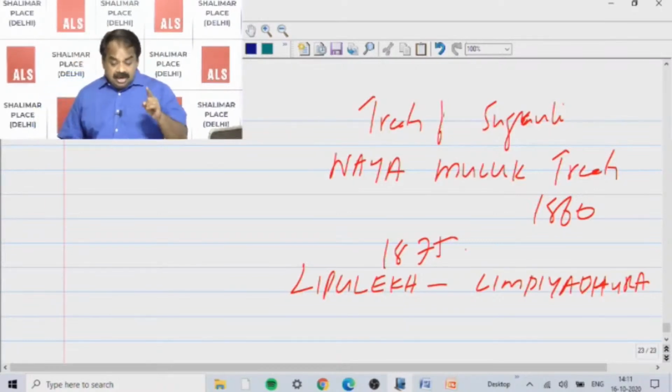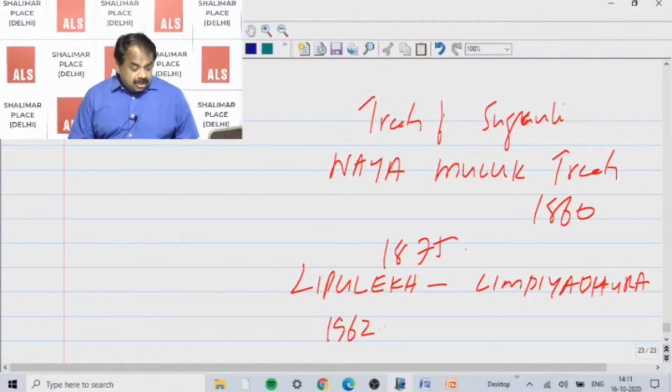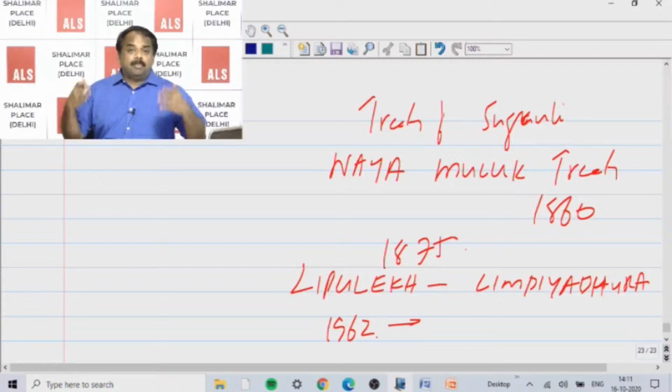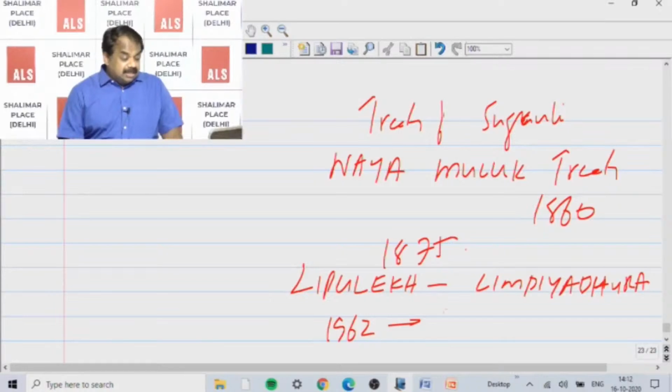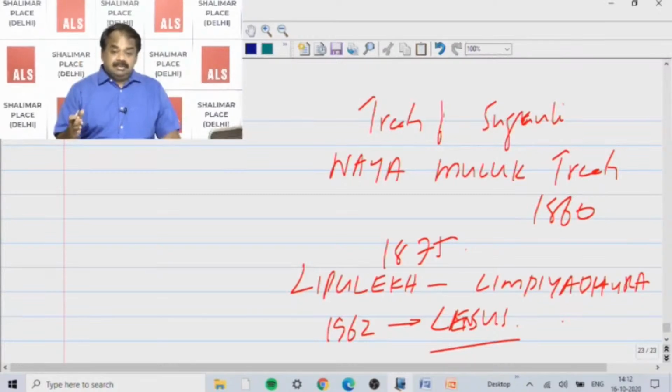Also Nepal says that till 1962, because it is an open border, the population census was taken by Nepal. So Nepal used to take census in this region also.